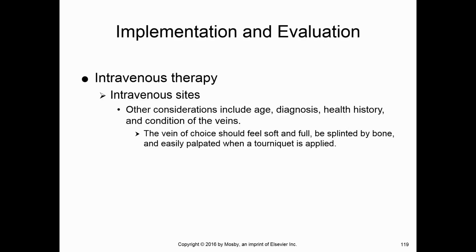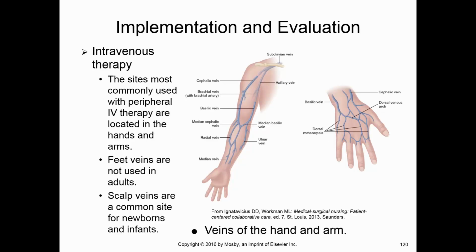Sometimes we need to use the umbilical vein for IV site. And with an adult or an old person who has poor peripheral vascular circulation, we wouldn't do a foot or ankle vein on them because we know that blood flow is not great there to begin with, okay? So anyways, here's a diagram of all the different veins that we could possibly be using in a person's hand and arm, okay?